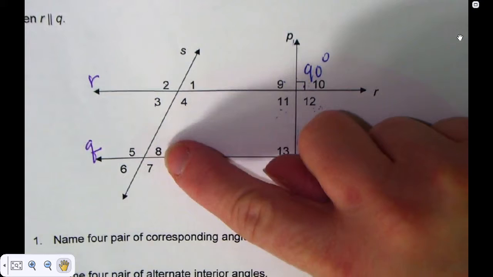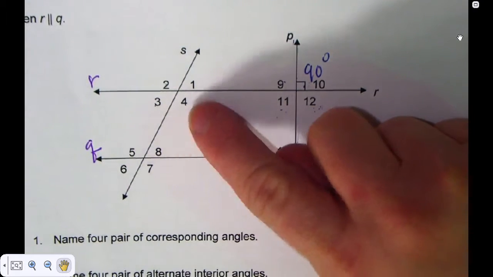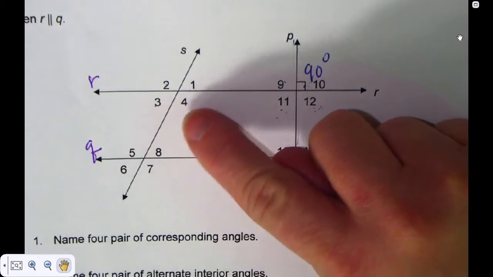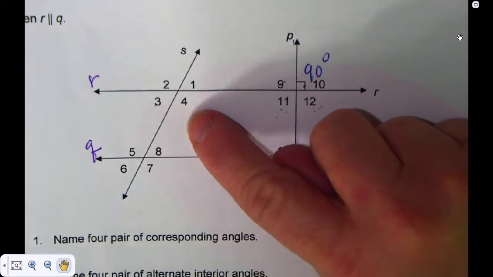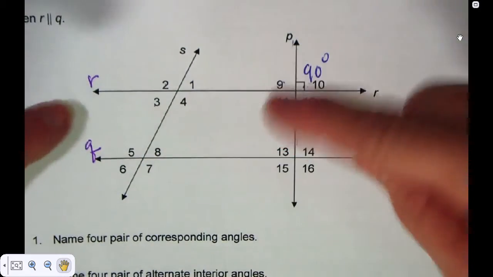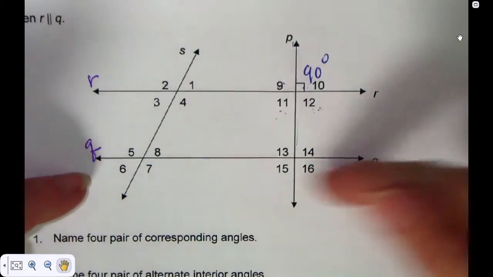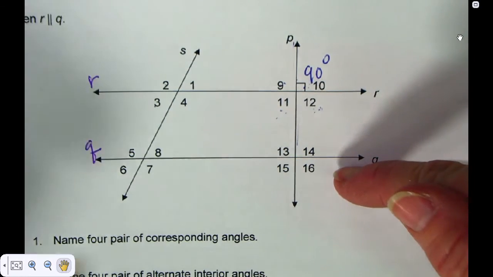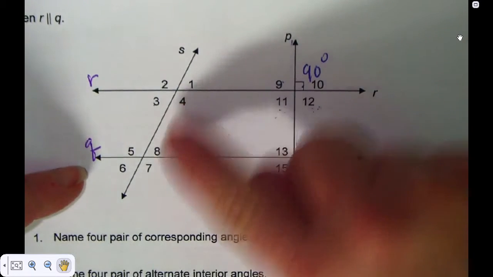So you know they're not going to be congruent. These two are supplementary. They add to 180. What are they called? Same side interior. They're supplementary because these two lines are parallel.